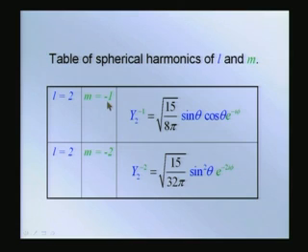M equal to minus 1 has sin theta cos theta e to the minus i phi, which is again the corresponding m value. L equal to 2, m equal to minus 2, sin square theta e to the minus 2i phi. So these are the 5 spherical harmonics that we want to visualize in a polar plot.